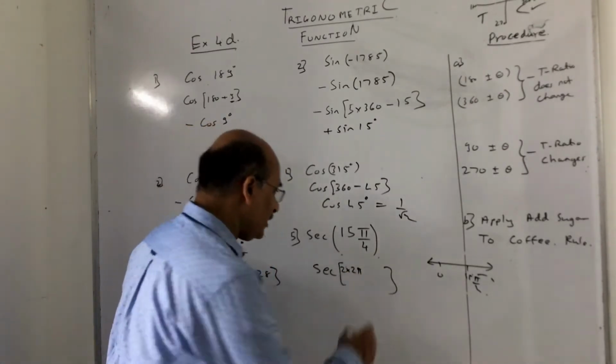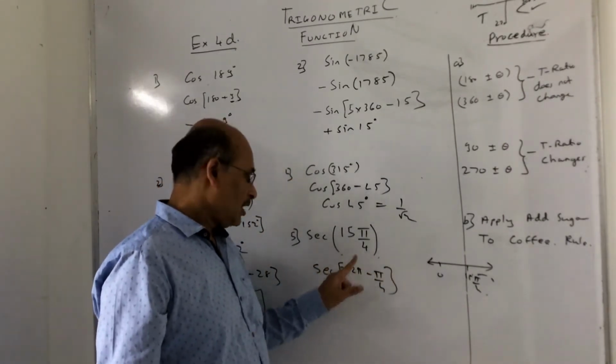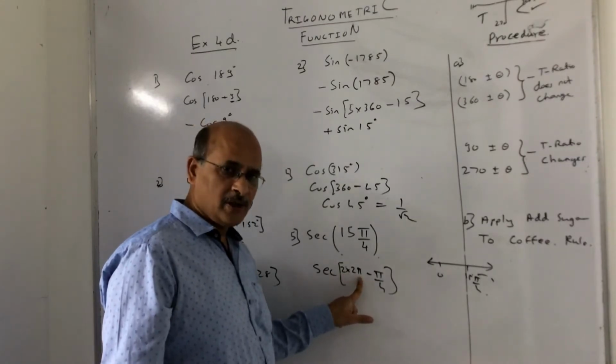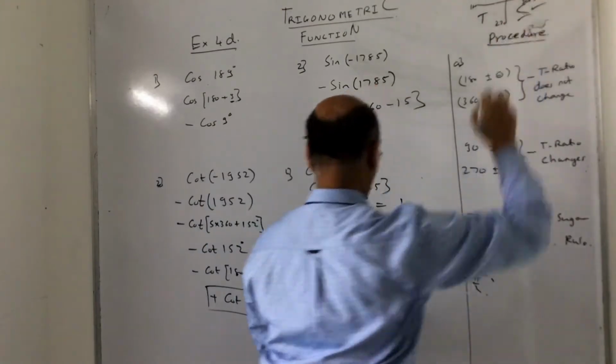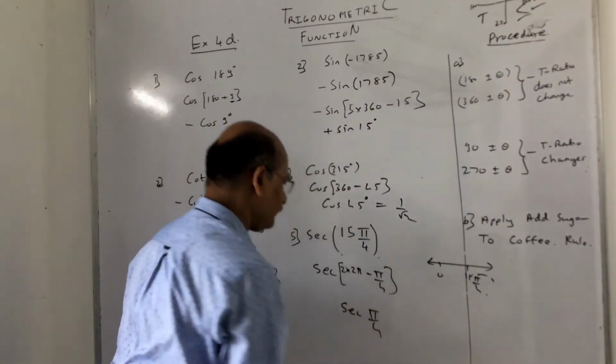Now 2 into 2 pi minus pi upon 4, because eventually it should give me this. Now the number of rotations doesn't matter. 2 pi means 360. Now 360 minus theta, cos and sec is positive in this case. So it is positive. So it is nothing but sec pi by 4.